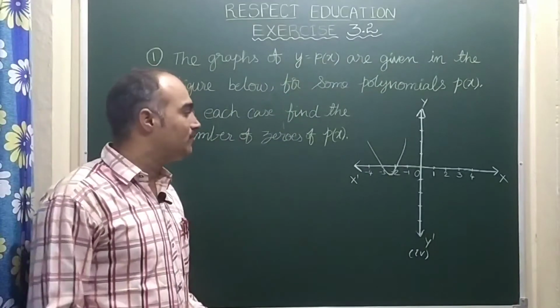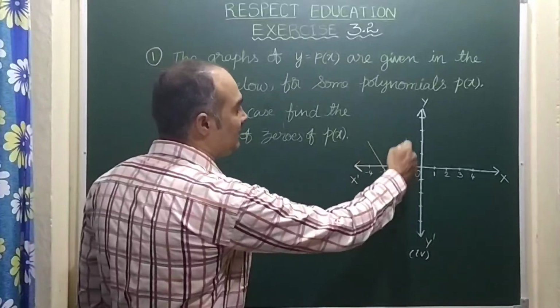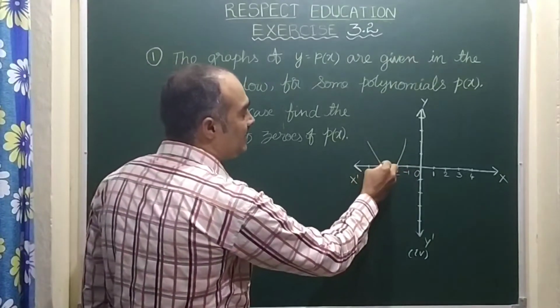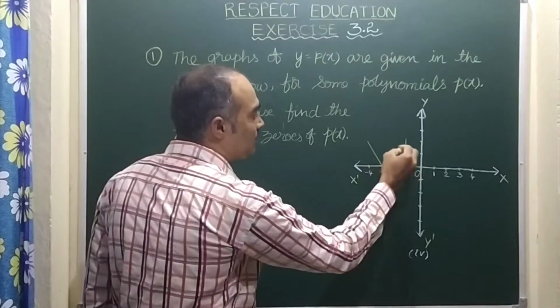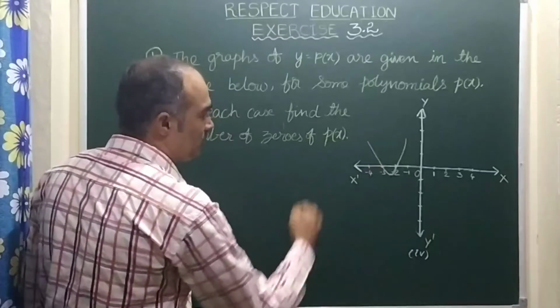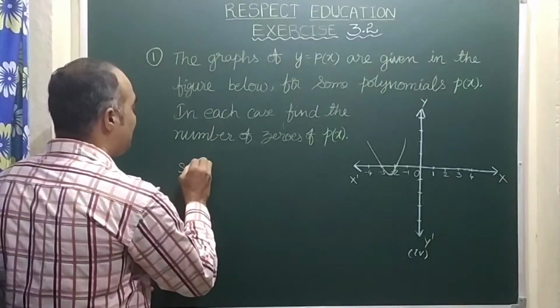Let us see the next bit, that is the fourth bit. Here this is the given graph. Before writing the answer, let us count. Here you see this is the first time and this is the second time. So this graph intersects the x-axis at 2 points. So here it has 2 zeros. Let us write the same thing.